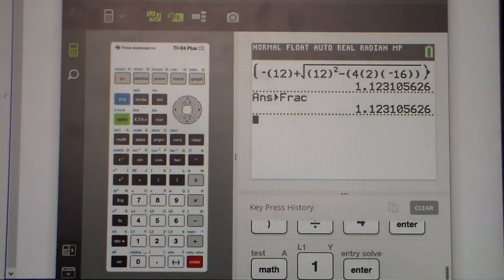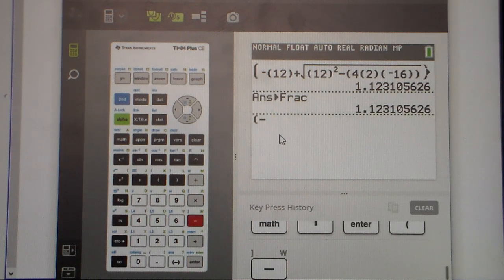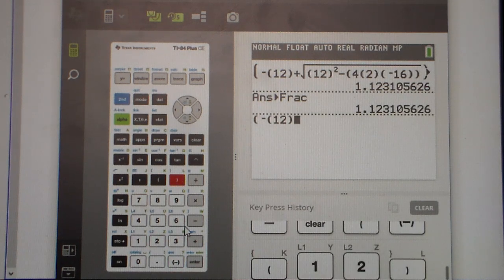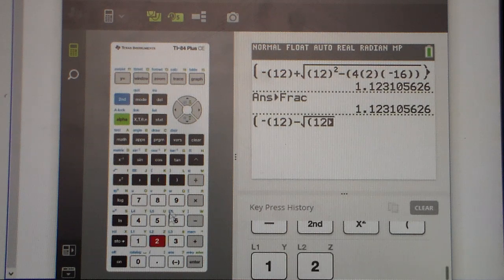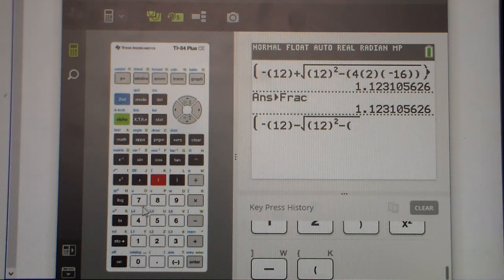Alright, now I'm going to do the same thing. And I said I'm going to put the minus sign in. So it's going to be negative. So parentheses, negative, close parentheses, 12. Now instead of plus, I'm going to do a minus sign out there. Second square root, 12 squared, minus parentheses 4.